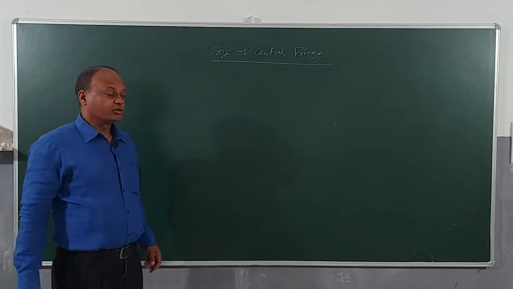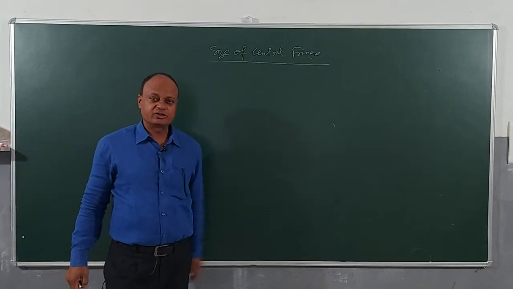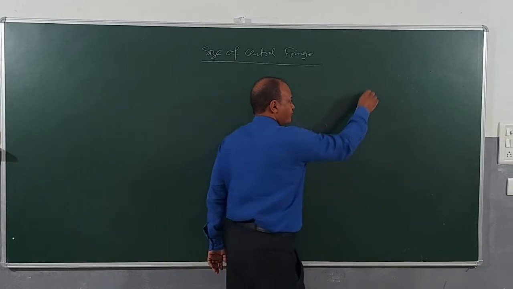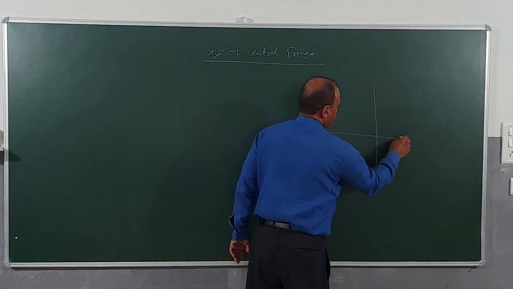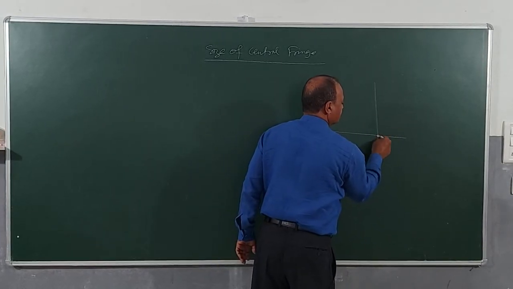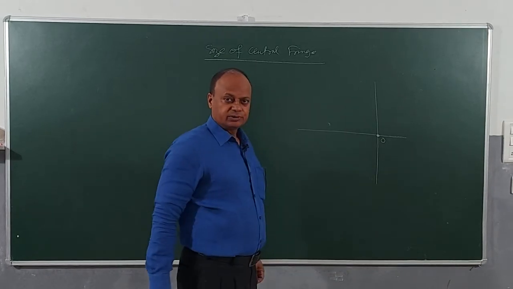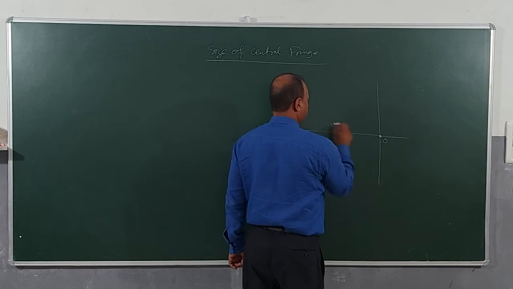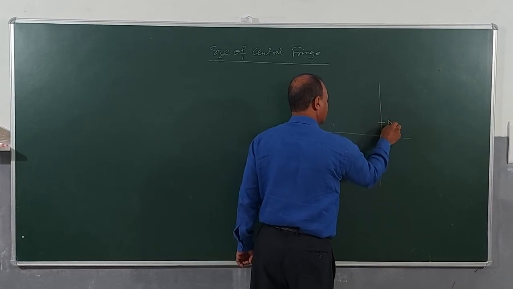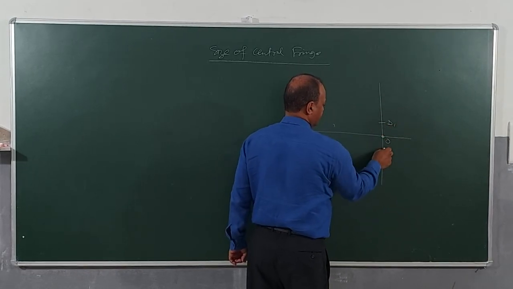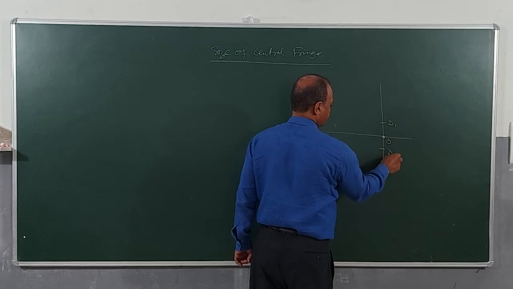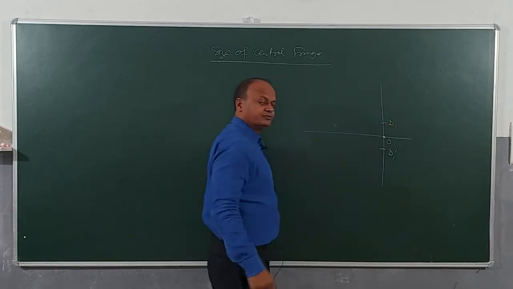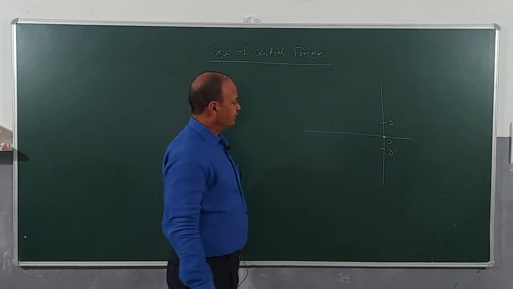Now, children, we are going to discuss what the size of the central fringe is. Here, this is the central maximum. Let us denote it by O, a bright spot, and then here we have a dark spot D1 above and a dark spot, let us say D1 dash, below. Clear?